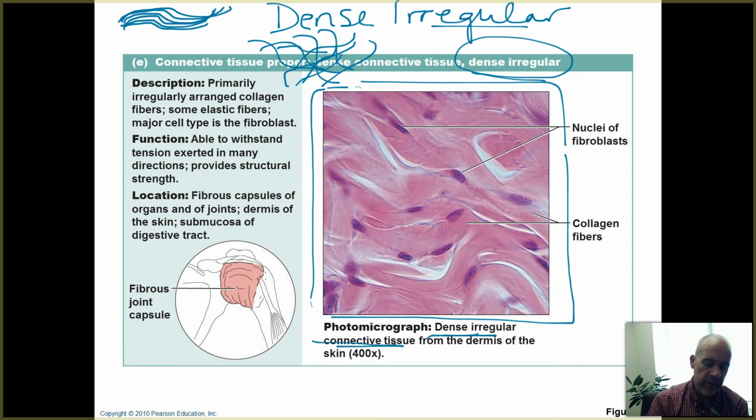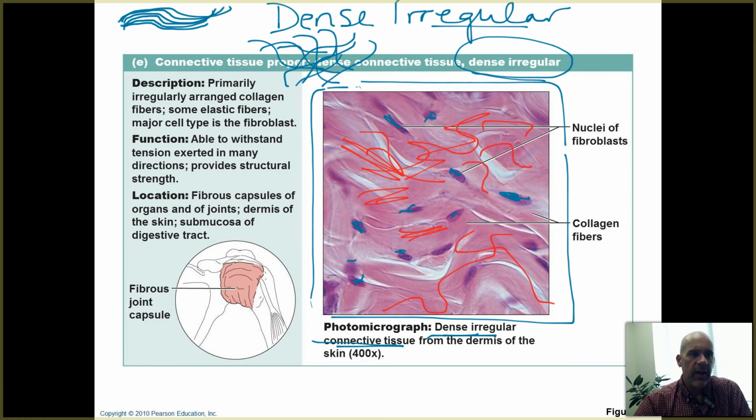So if we look at our picture here, those dark purple spots, those are the nuclei of fibroblasts in the tissue, and then all our pink swirly stuff you see on here, which takes up most of the space between those cells. All that swirly stuff looks kind of choppy and swirly.